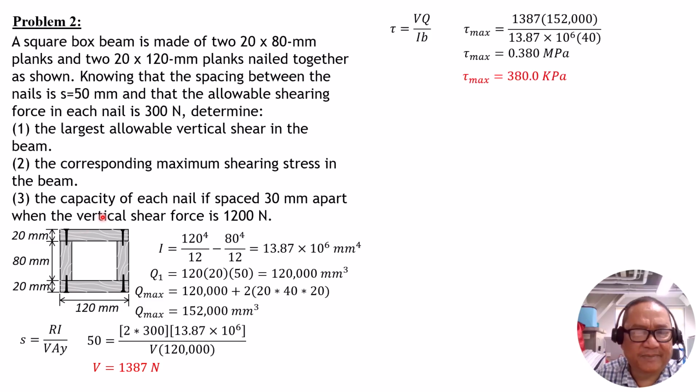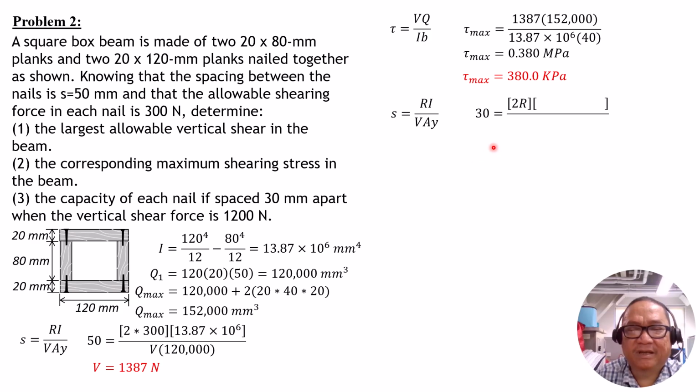Then finally, the capacity of each nail if spaced 30 mm apart when the vertical shear force is 1,200. So we use the same formula here. This is now 30, then 2R over I, where V is 1,200 this time, then A prime y prime is Q, 120,000.